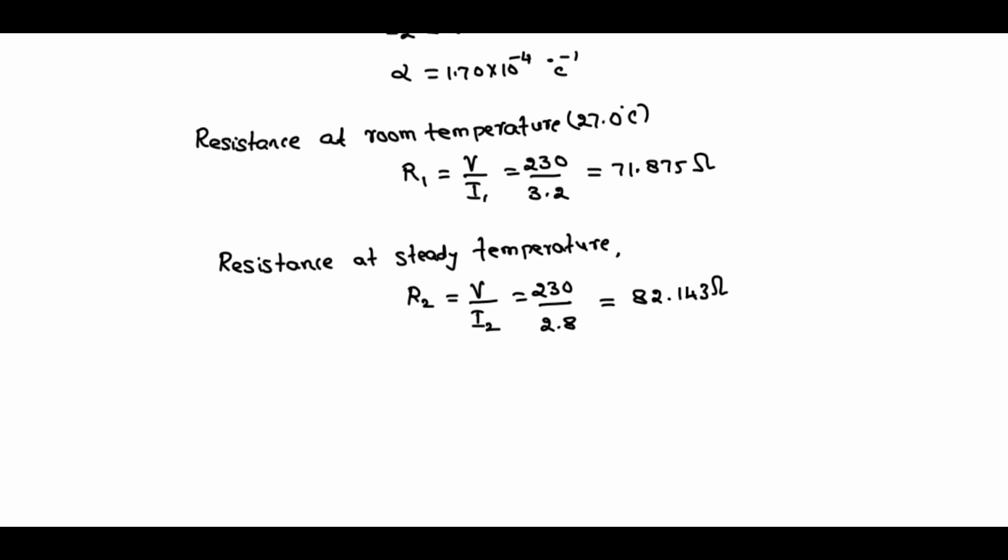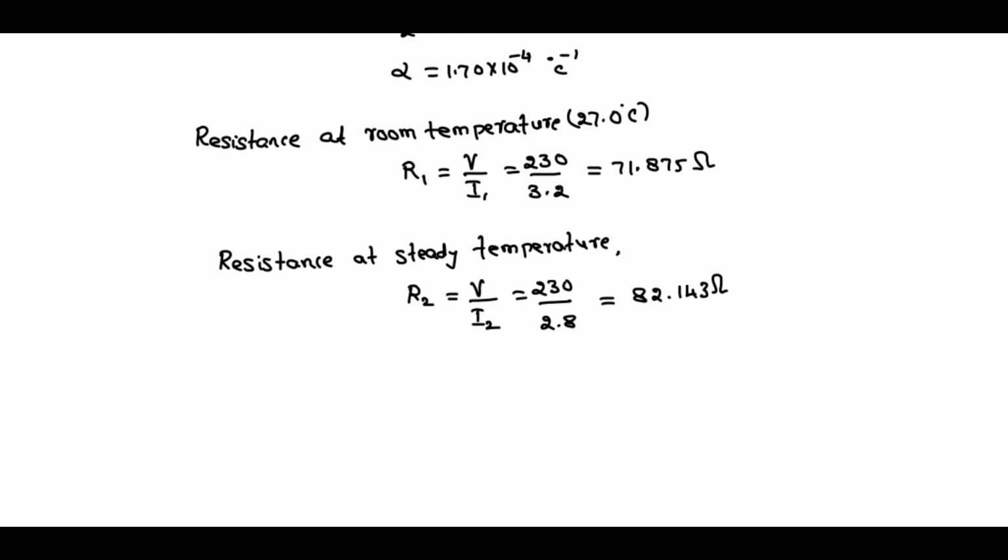Now we need to find out the steady temperature. We'll use the formula alpha is equal to R2 minus R1 divided by R1 into the change in temperature, that is T2 minus T1.